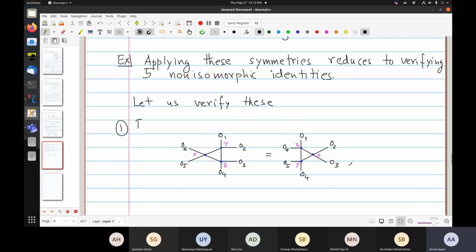So inward arrows are O1, O2 and O6. This is the first case. So let's see. So let me do this on both sides. So I fix O. Maybe I should use both.